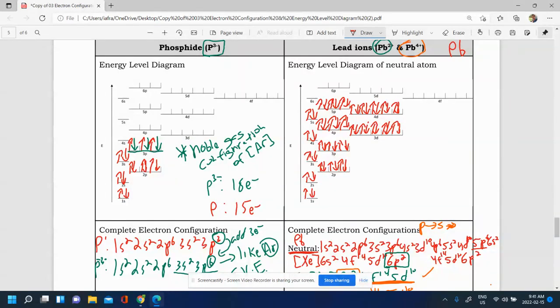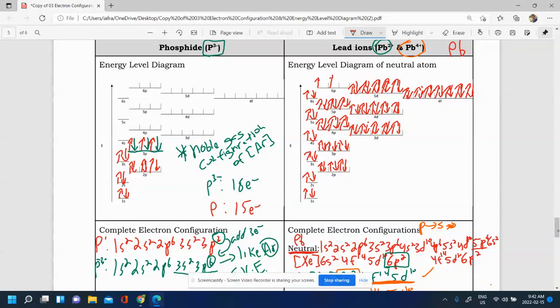So then next we have to add to the 6s2, and then to the 4f, and then fill these out here. And then we have to go to the 5d10, and then lastly, to our 6p, we only had 2 there.